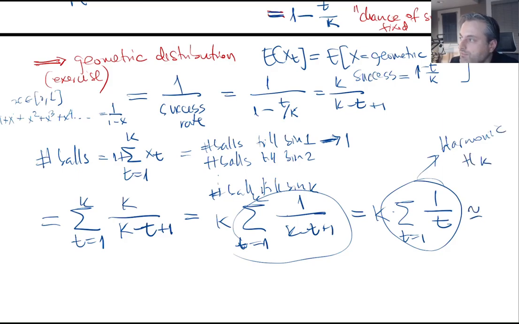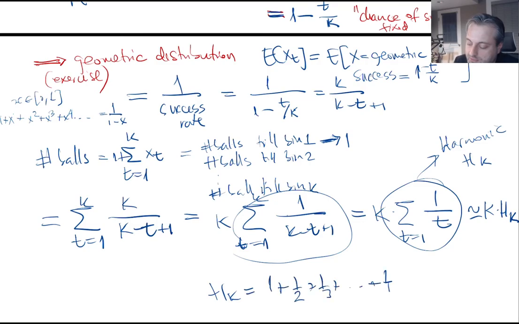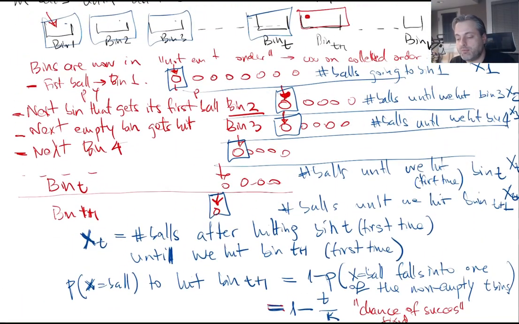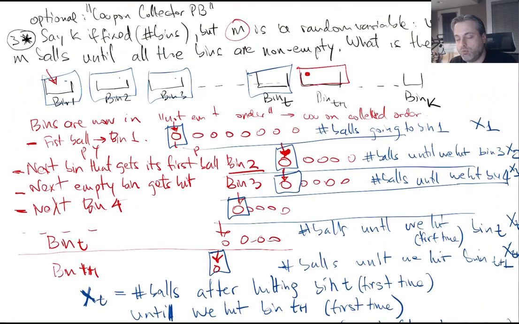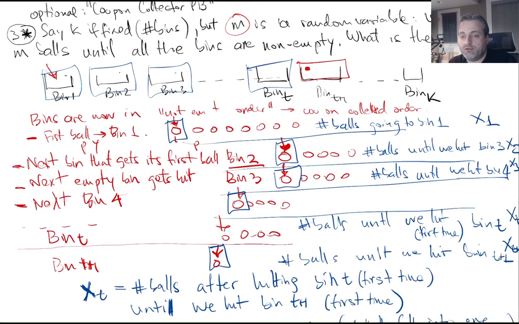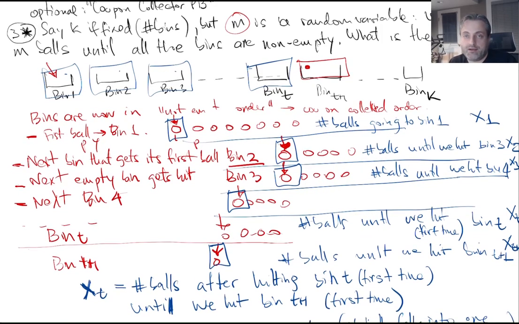So that is roughly k times hk. The harmonic number is 1 plus 1 over 2 plus 1 over 3 plus 1 over k. So that shows this problem of how many balls do I need to throw on average until all the bins are non-empty.